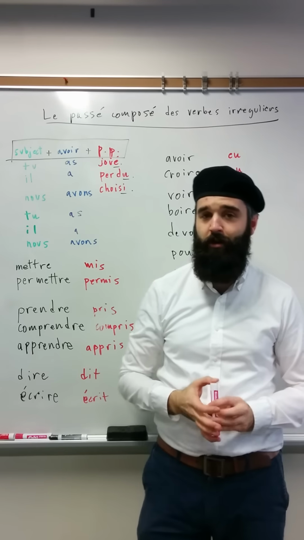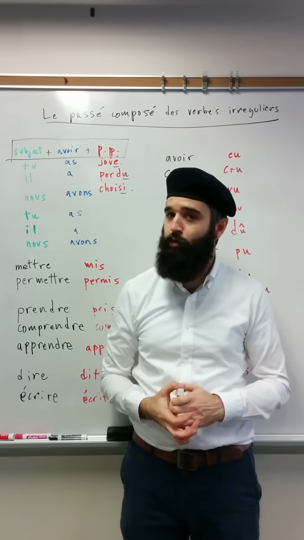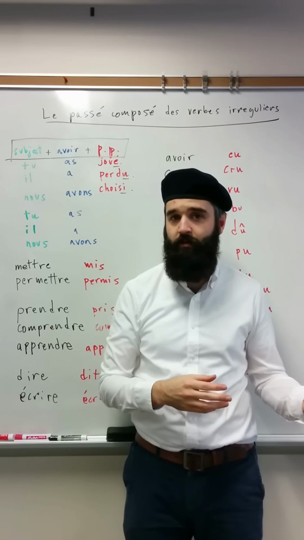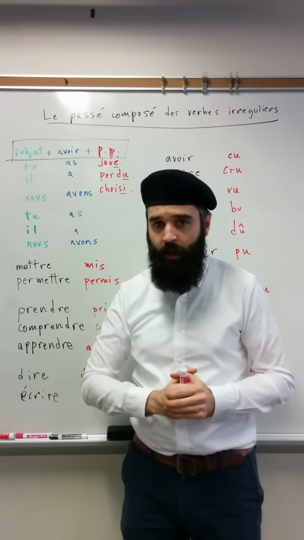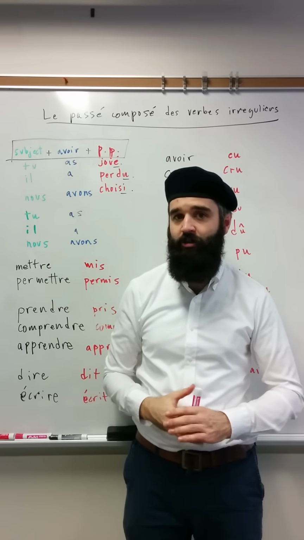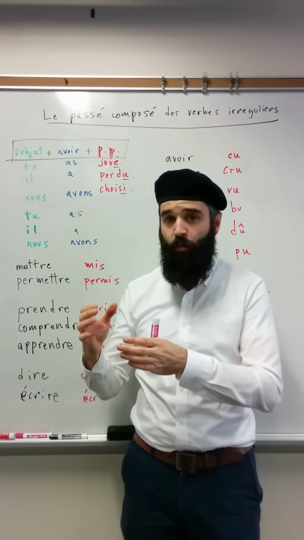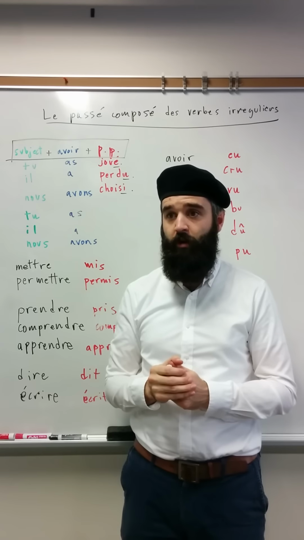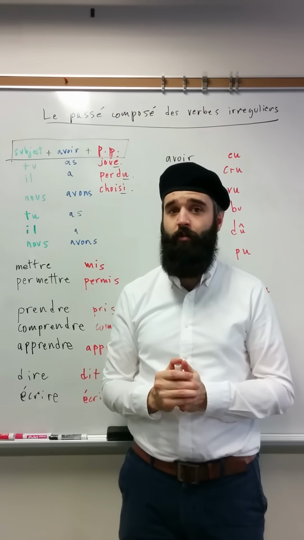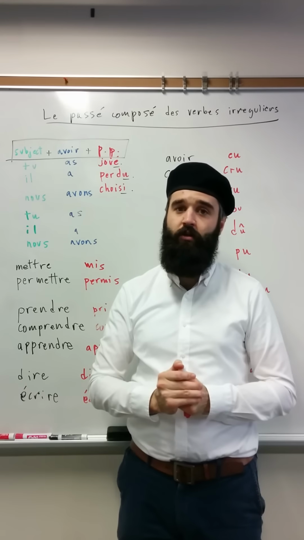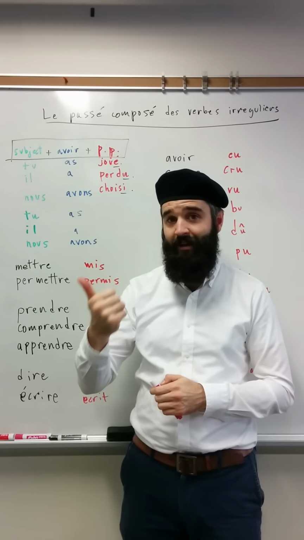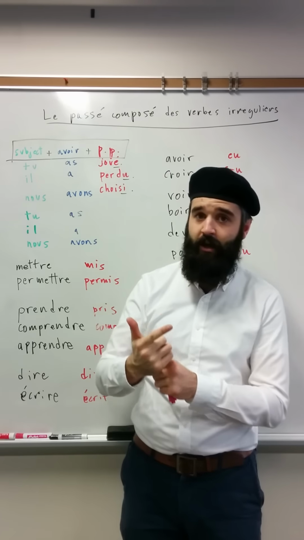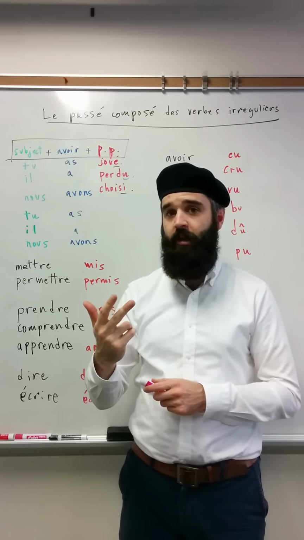So you should ask yourself that question, what is the difference between a regular and an irregular verb? Well, if you recall, a regular verb is conjugated in a pattern that works for more than one verb. Okay? So in French, there are three main types of regular verbs. We have verbs that end in ER, verbs that end in IR, and verbs that end in RE. Right?